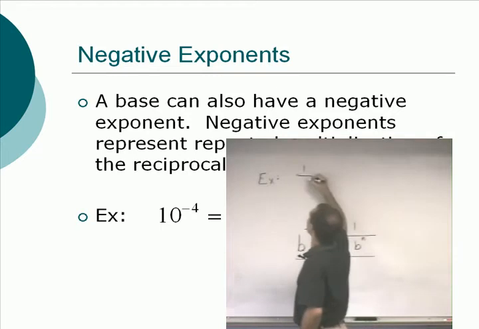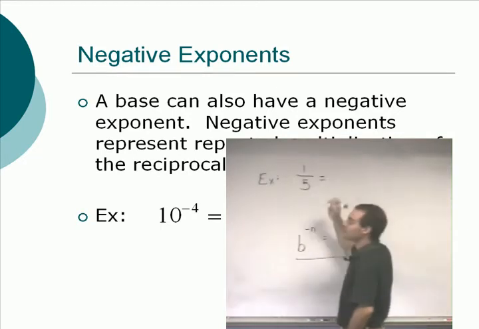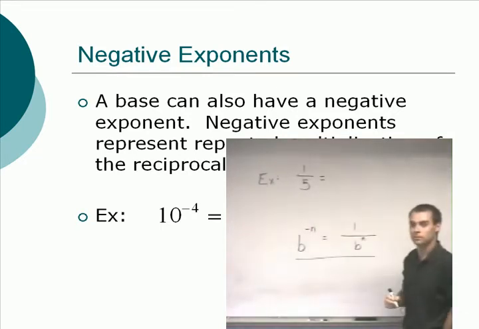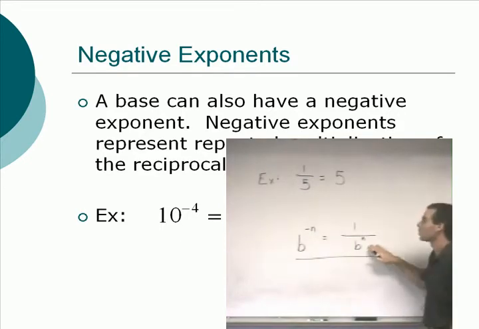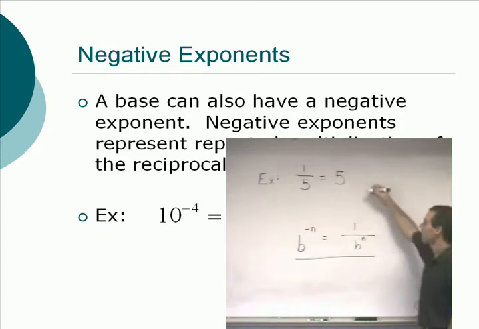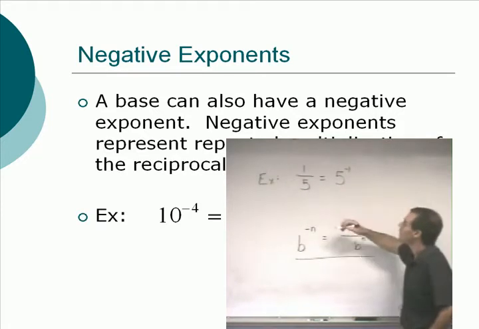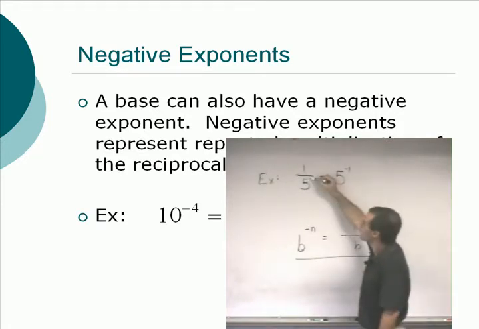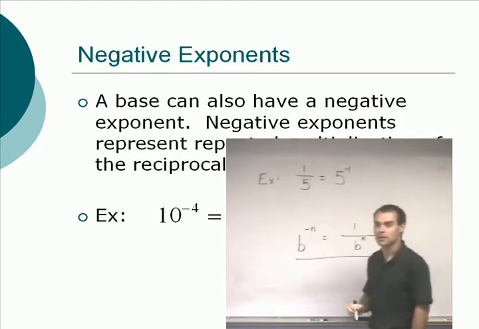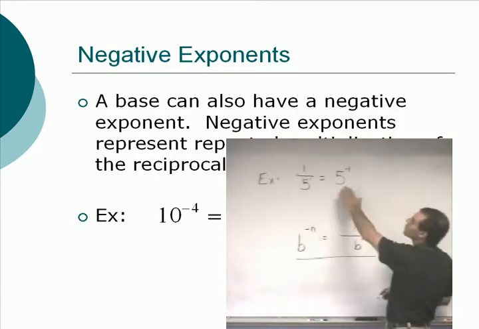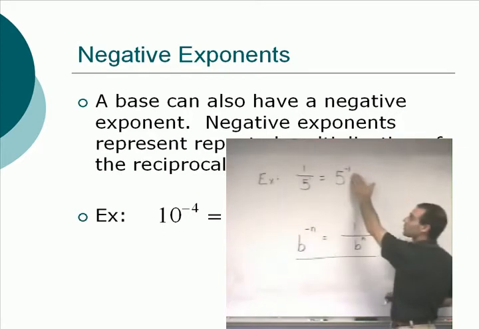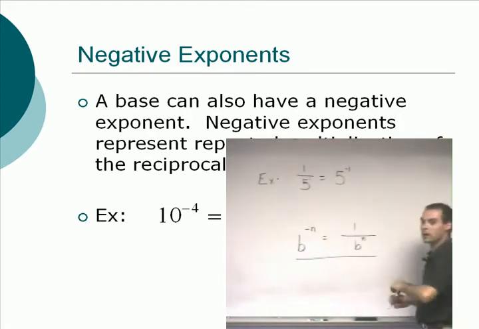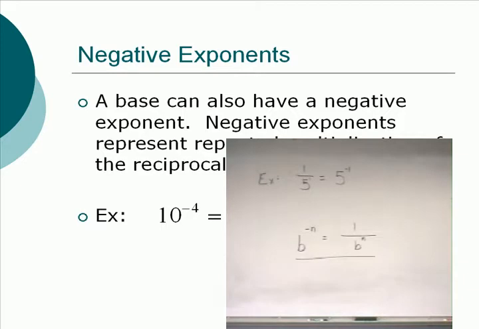If we have the number 1/5, we can rewrite that using an exponent. This is the same as 5 to the what power based on this rule? 5 to the negative 1 power. Here we've just got one factor of 5 down there. That's the same as 5 to the first power. So that's the same as 5 to the negative 1. So we can say that in general the reciprocal of 5 is 5 to the negative 1. Putting a negative 1 exponent on a number always implies that we're talking about its reciprocal.